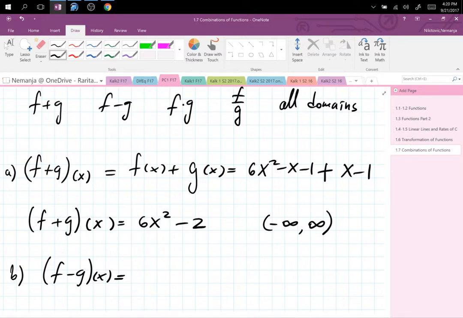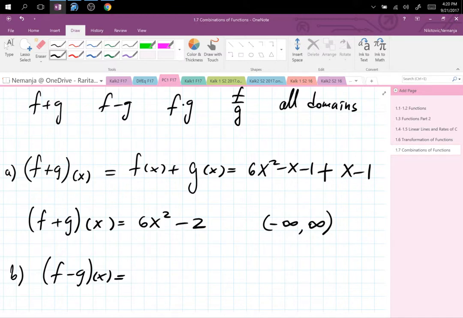How do you see if the domain is input? Those are all of the values which you are allowed to plug in. When you have a denominator, you know that you have to kick out all of the values which will make it 0. When you have a square root, you know you have to kick out from the domain all of the numbers that will make a negative under the radical.